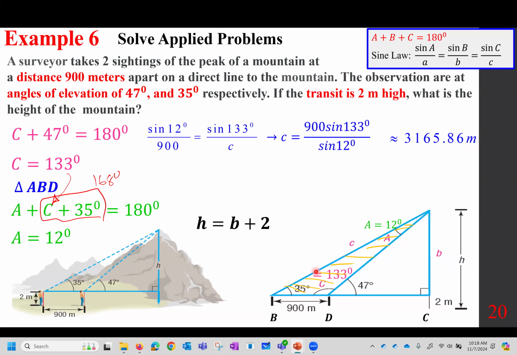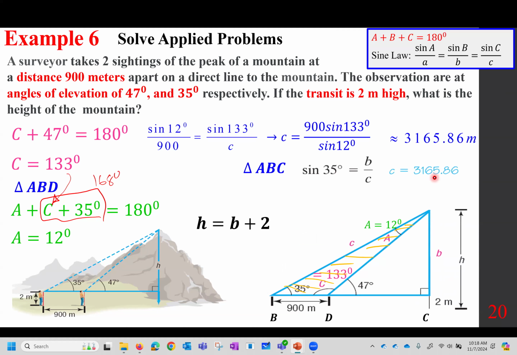So now that we have this side, C, in this triangle, A, B, C, sine of 35 is the opposite B over the hypotenuse C. And C, we found it to be 3,165.86.